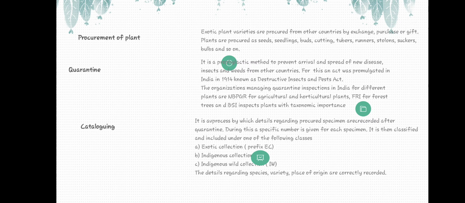After assigning the number, the plant is included under one of the following classes. If it is an exotic collection, then EC is the prefix given to that material. If it is an indigenous collection, it is given IC. If it is an indigenous wild collection, it is given IW. So cataloging is categorized.